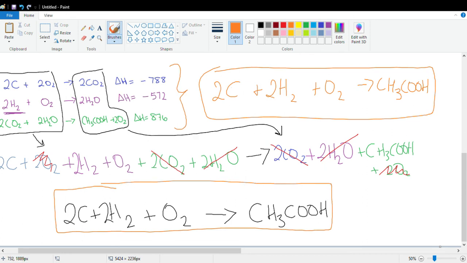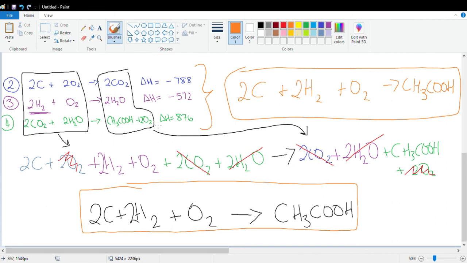The last step, the question I was asked, is to find the delta H value for that. And as you can see from the equation we wrote out, what we did was we added all the equations together. So now we must add the delta H values together.